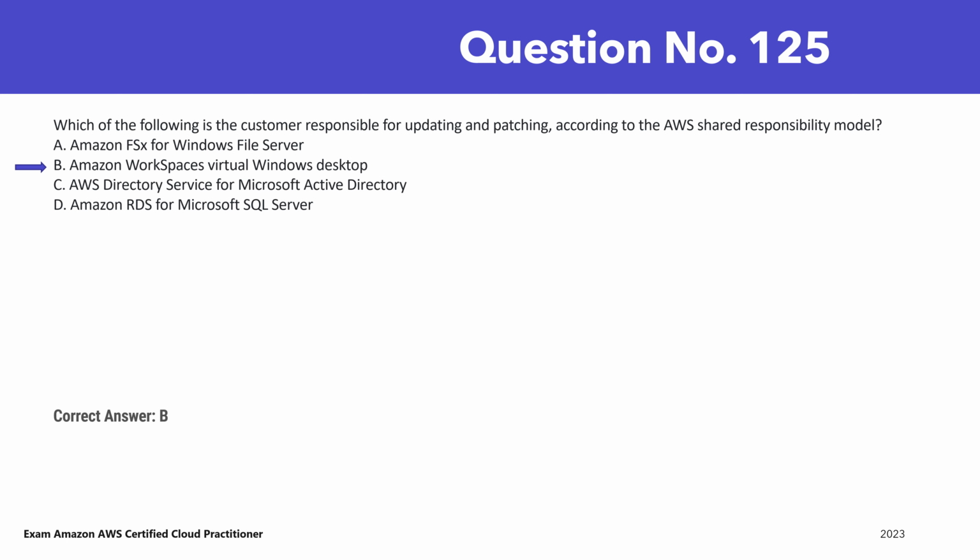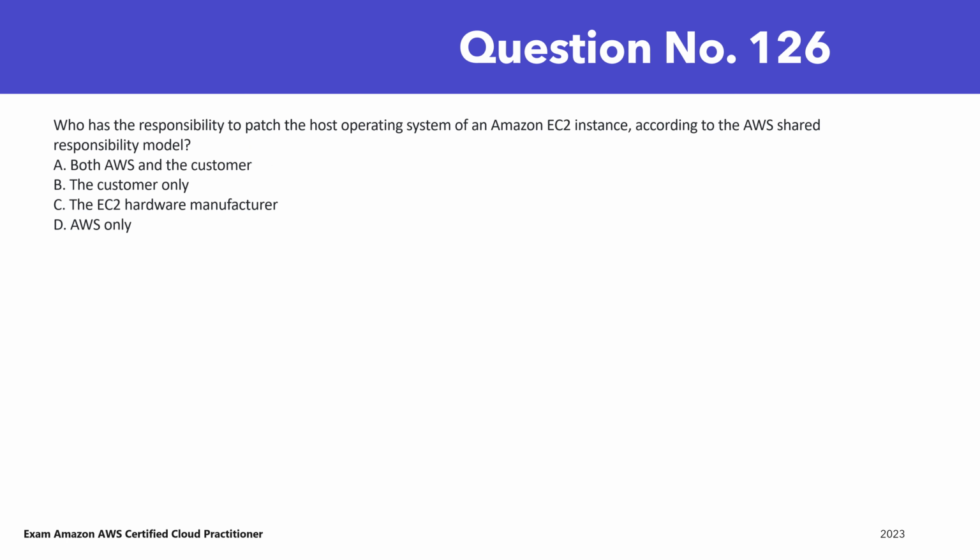Correct answer, B. Who has the responsibility to patch the host operating system of an Amazon EC2 instance, according to the AWS Shared Responsibility Model? A. Both AWS and the customer. B. The customer only. C. The EC2 hardware manufacturer. D. AWS only. Correct answer, B.